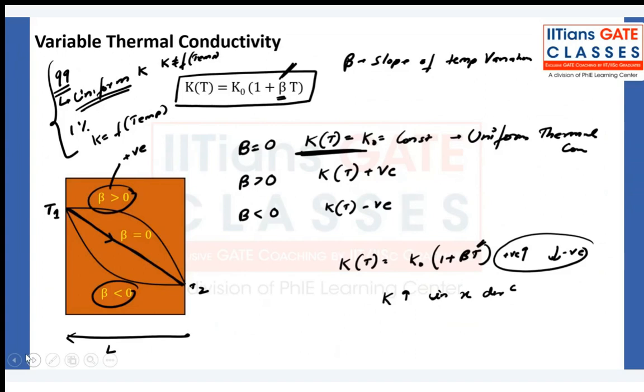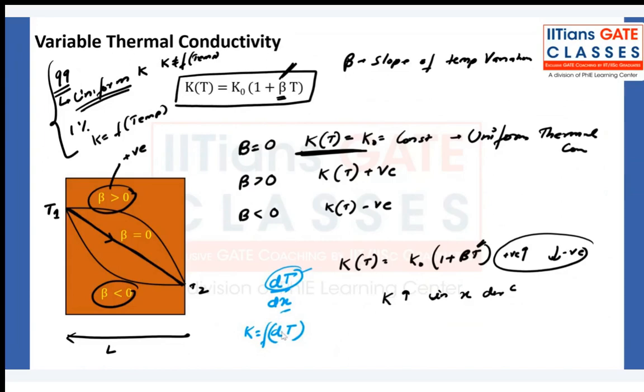The relationship will be given in the question. That is what we are doing with dt by dx. This tells you how temperature is varying with x, and k will depend on your temperature. So when you do the integration, you will find that.